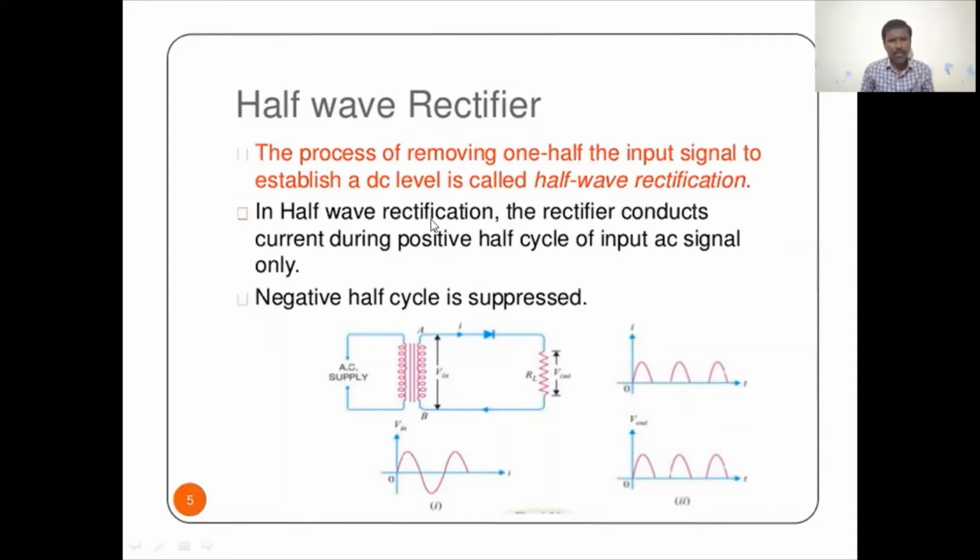In half wave rectification, the rectifier conducts current during the positive half cycle of the input AC signal only.